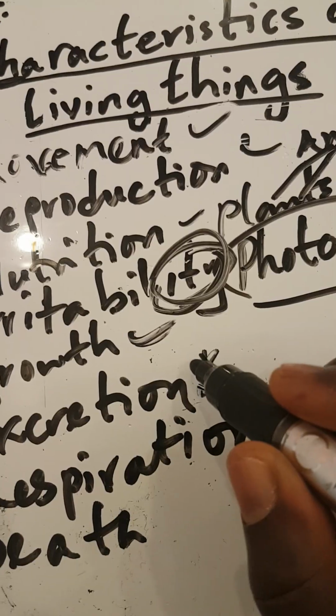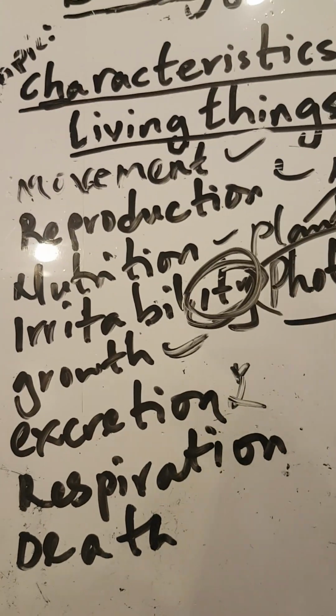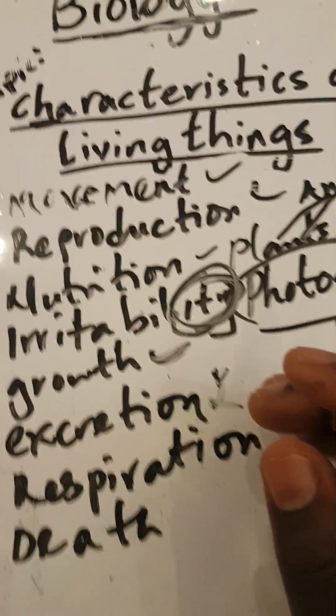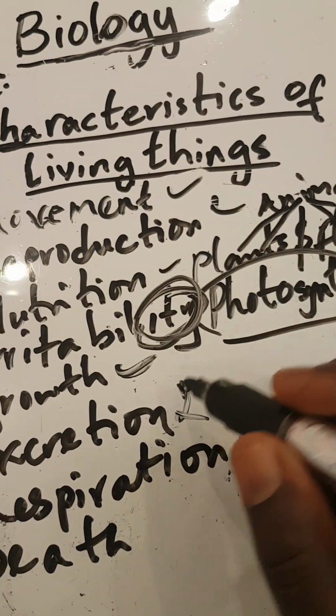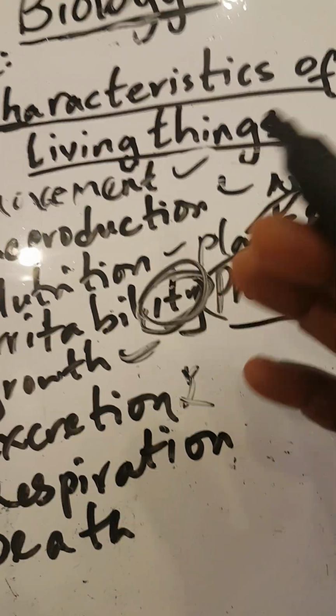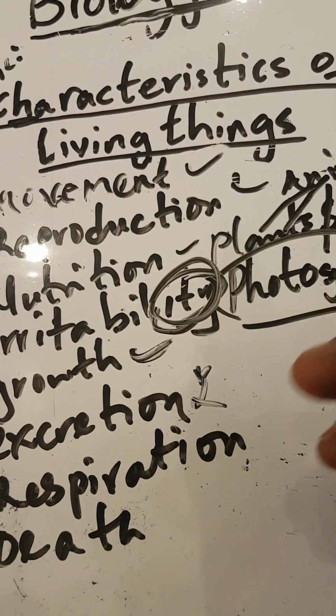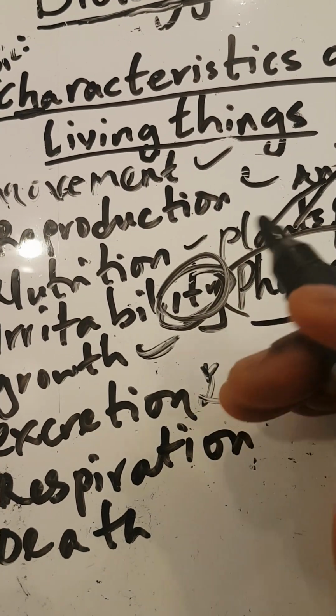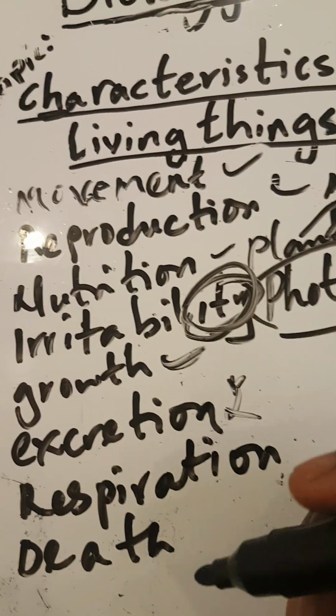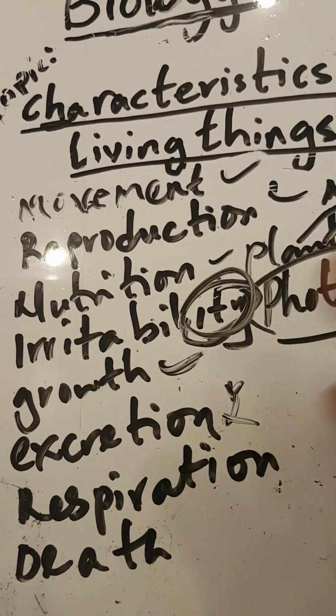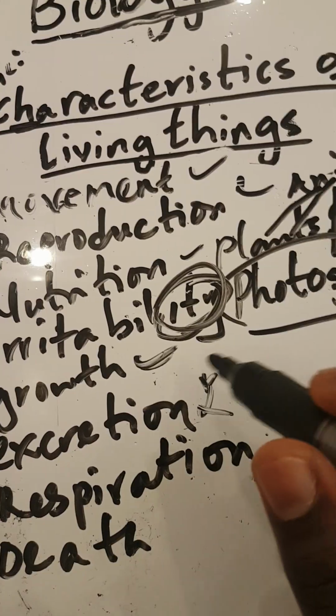Excretion. Excretion is the act of removing waste products from the body. Animals excrete and also plants excrete. Plants excrete by shedding off leaves. So they don't need the leaves. Those ones are not important to them, so they fade them out. And also animals excrete.